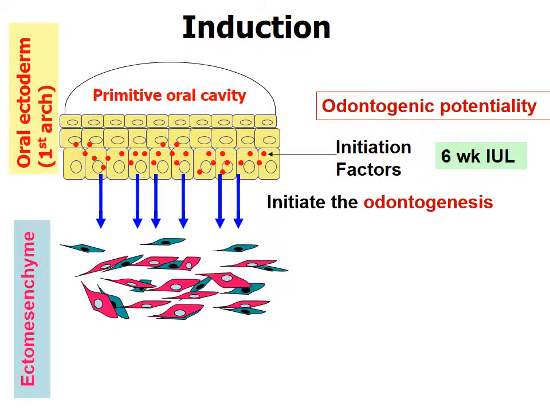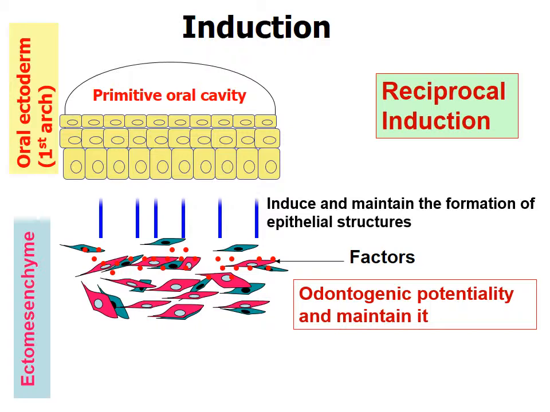Therefore, during induction, the initiation factors that are located in the oral ectoderm provide the odontogenic potentiality to the oral epithelium, and it initiates the odontogenesis by inducing the underlying ectomesenchyme, and thereby at 6-week intrauterine life they get the odontogenic potentiality.